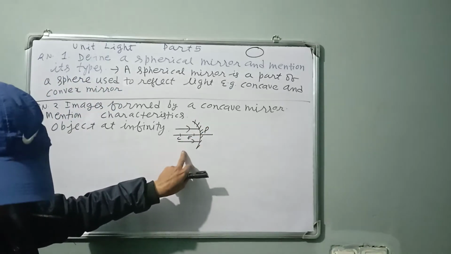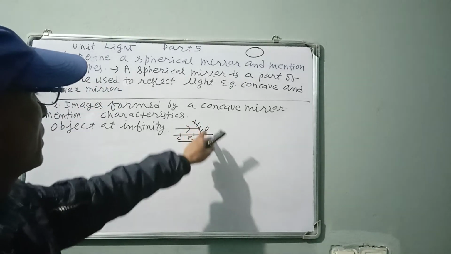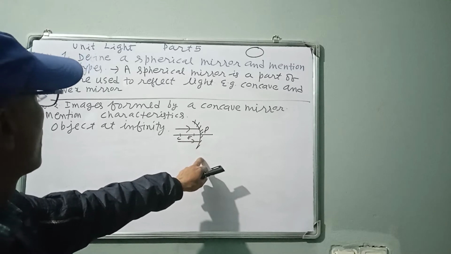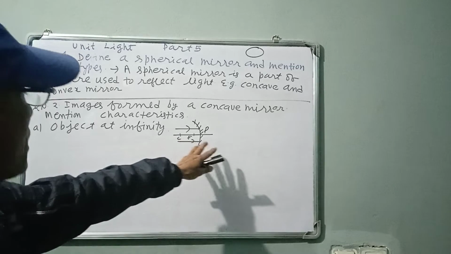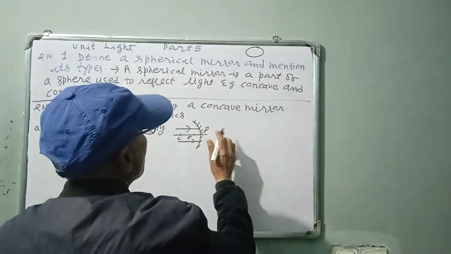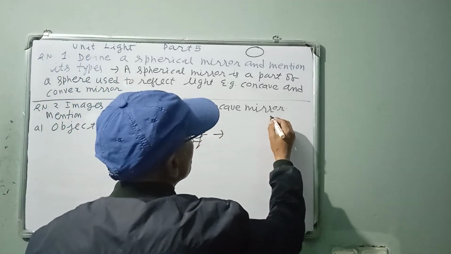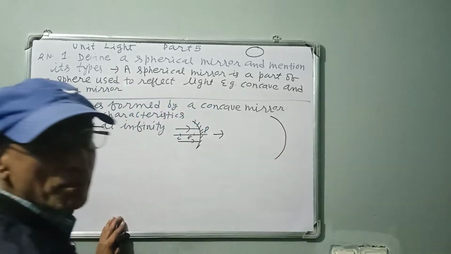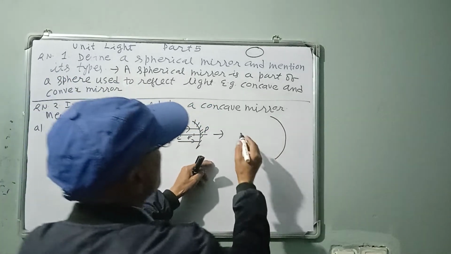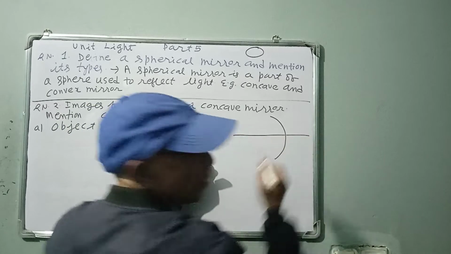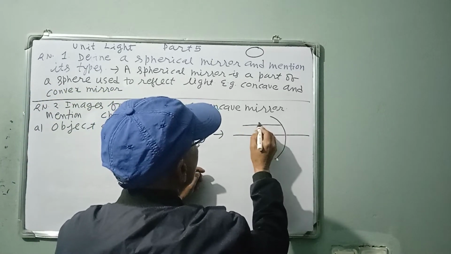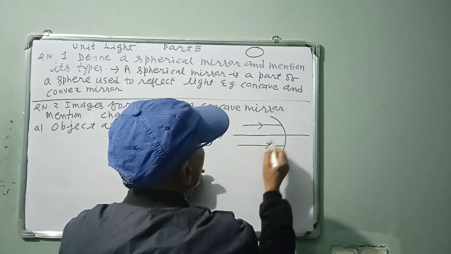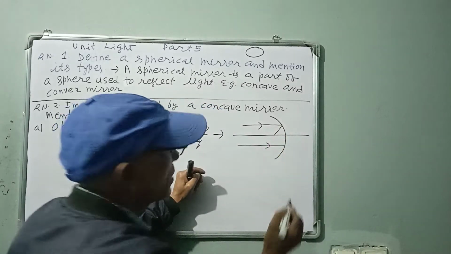Just see the diagram. This is a concave mirror. An object is placed at infinity. Where is the image formed? First we have to write down this. Concave mirror, principal axis, parallel ray, after reflection.